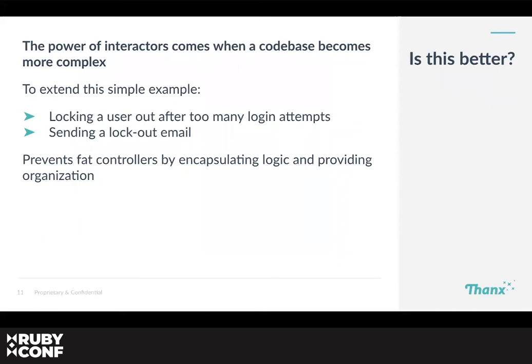So for example, if you want to layer in the ability to lock out a user after too many login attempts, or sending a lockout email, and the list goes on of use cases that you can extend to the authenticate logic. And instead of embedding all the logic into the body of the controller method, you eventually want to have clean encapsulation of all of this logic. So it's much cleaner to have a dedicated place that's independent from the controller to embed this logic.